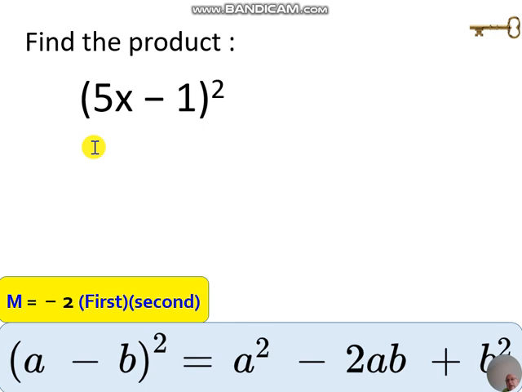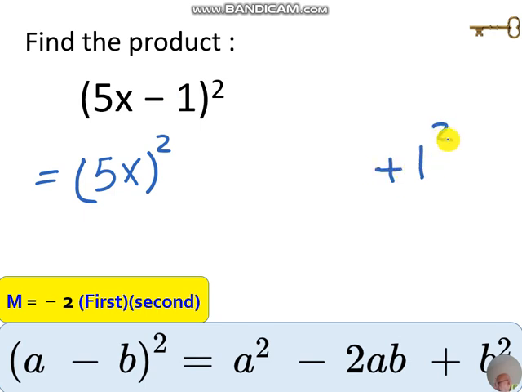To find 5x minus 1 quantity squared means 5x minus 1 times 5x minus 1, but I'm going to do it in a short way. I square the first, 5x quantity squared. I square the second, which is 1, always positive. I multiply the first times the second, 5x times 1. The sign is negative, so it stays negative. 5x times 1 gives 5x, multiplied by 2.